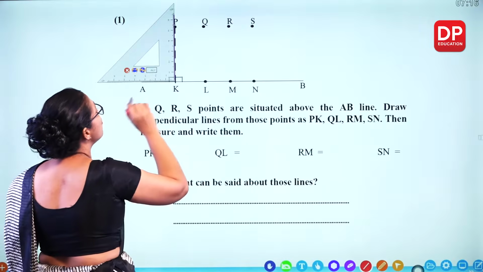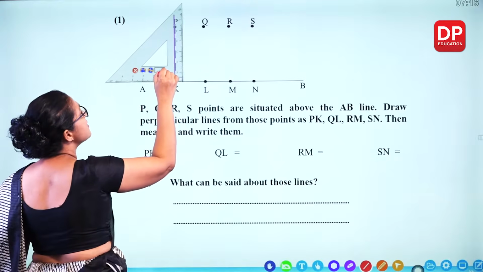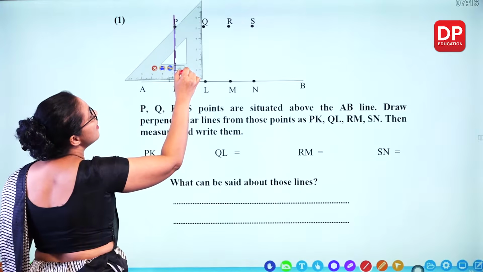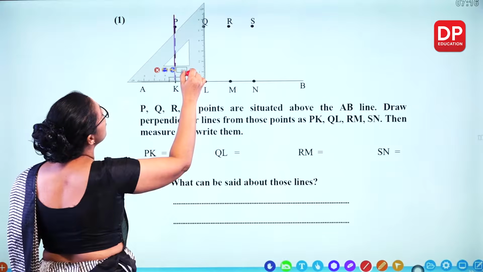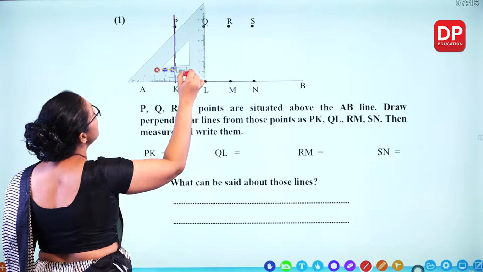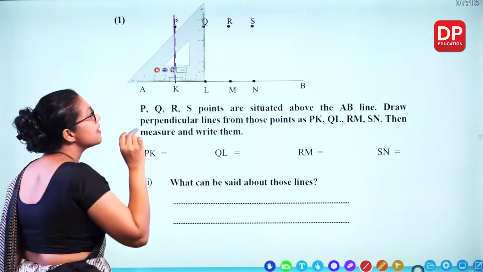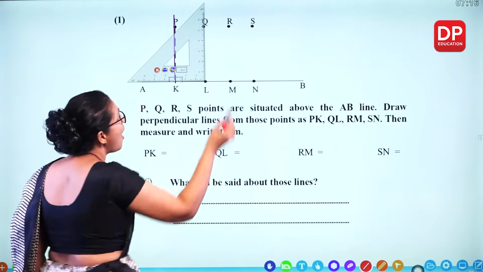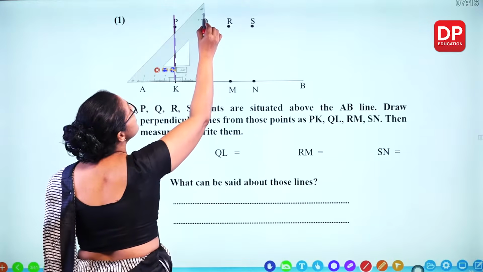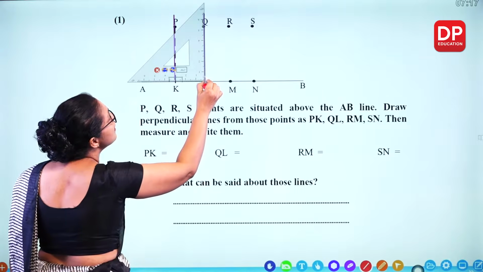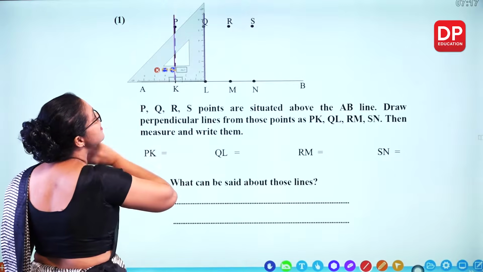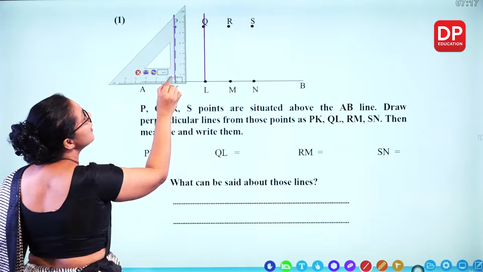Then you drag this set square and keep it on top of the AB line and connect the other 2 points, Q and L. Use the set square to draw the other line. So that's QL.